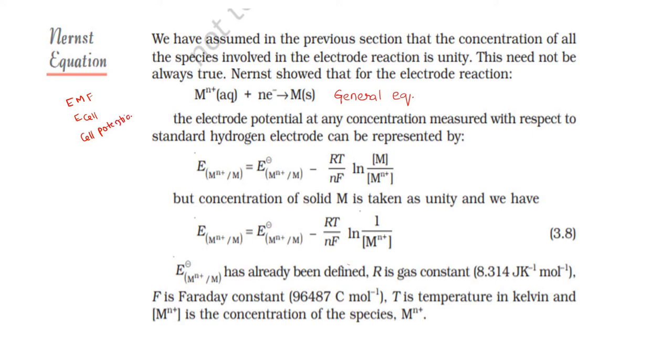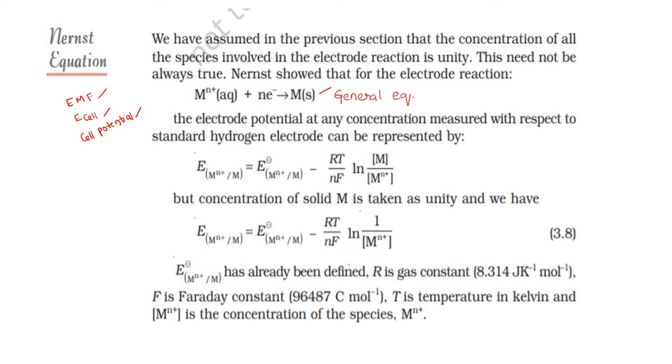To calculate cell potential, E cell, or electromotive force EMF, we use the Nernst equation. Here is a general equation we have taken, a reduction reaction. We can take an oxidation reaction also, but generally standard electrode potential means reduction reactions only. I have taken a reduction reaction here.